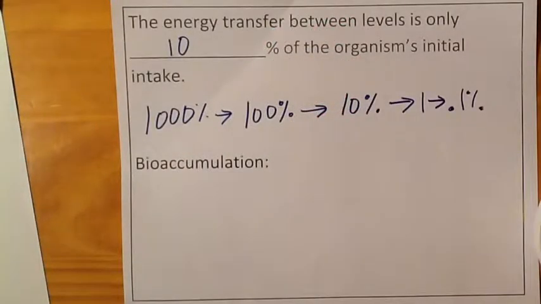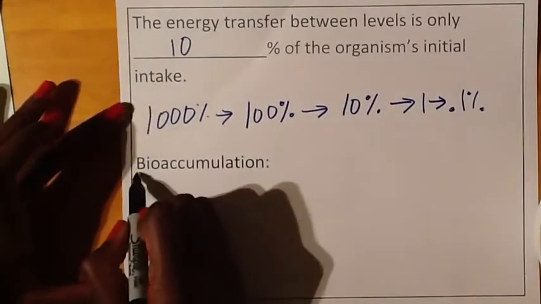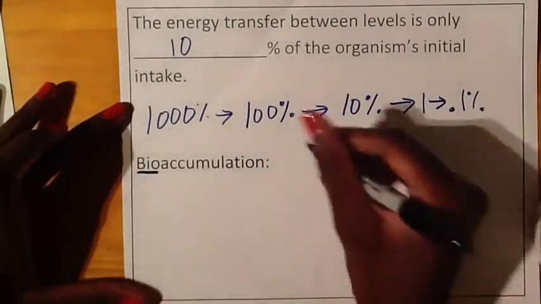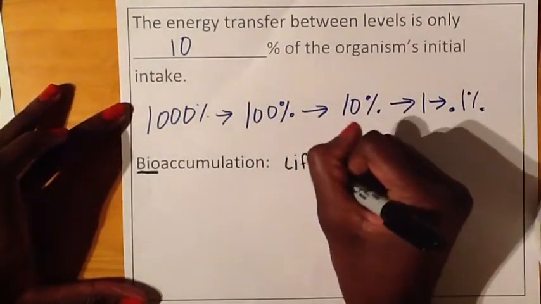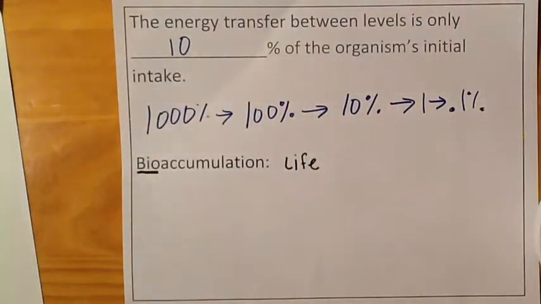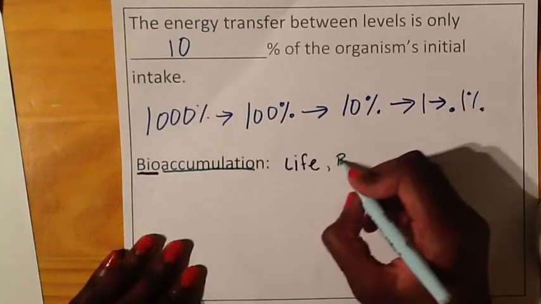Now we're going to talk about bioaccumulation. But before we define what it is, let's look at the word and see if we can break it down into something that we know. What does bio mean? We know that bio means life. And when something accumulates, we know that it builds up over time.